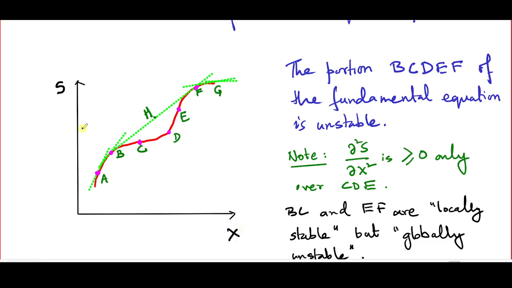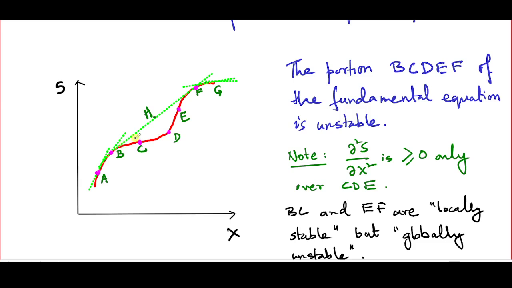So X here could stand for U, it could stand for V, it could stand for N1 or N2 or whatever. Now, let us say the fundamental equation that we have obtained from some source gives us this red curve for S versus X: A, B, C, D, E, F, G. Now you can clearly see that the region between B and F, this part B, C, D, E, F, is something which violates the concavity condition.